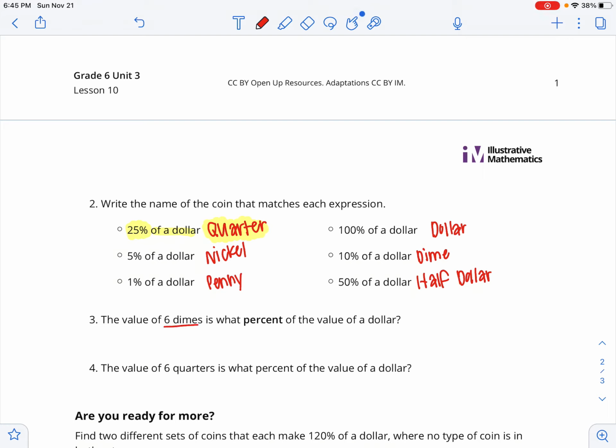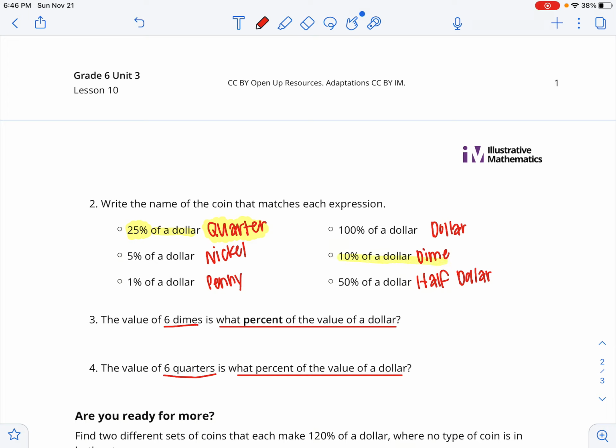So if we have 6 dimes, what percent of the value of a dollar is 6 dimes? And what about 6 quarters? What percent of the value of a dollar is that? Go ahead and pause this video to answer questions 3 and 4. So we know that every dime is 10% of a dollar, and we see that right here.